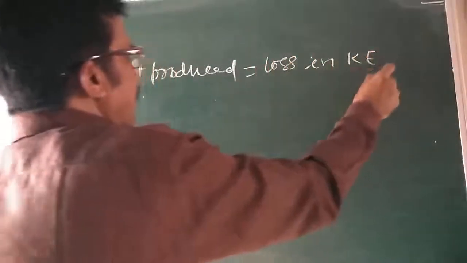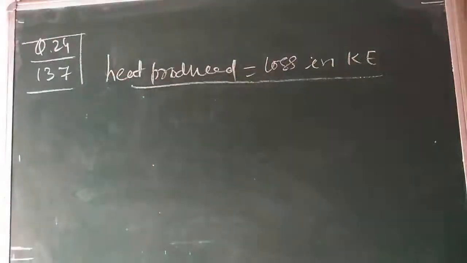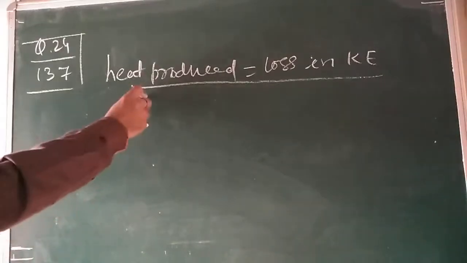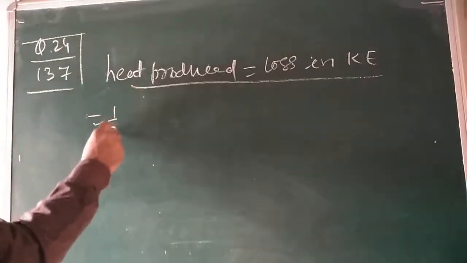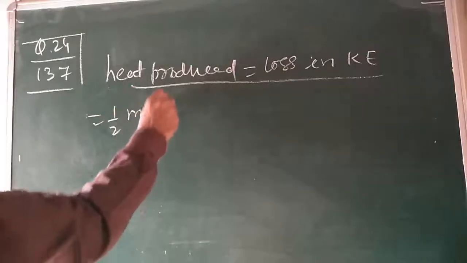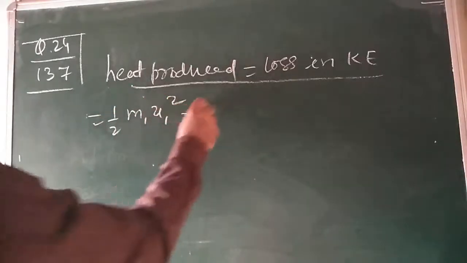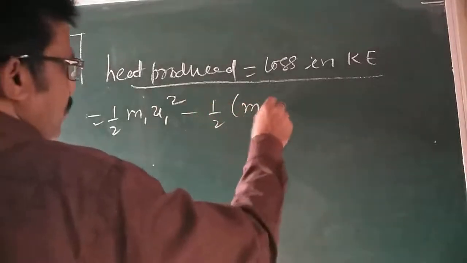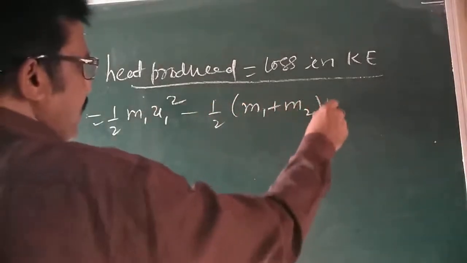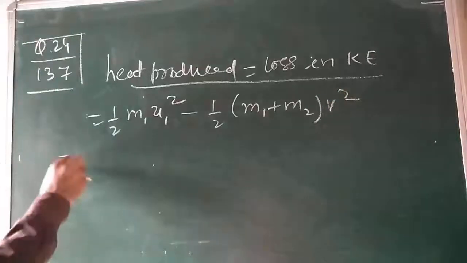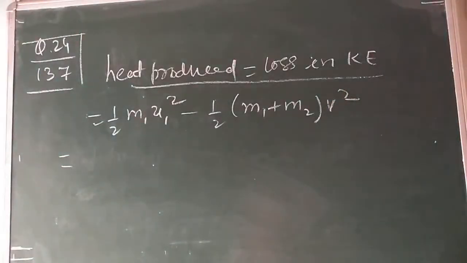Where will we find this formula? Here. Heat produced is loss in kinetic energy: before collision it is 1 by 2 m1 u1 square, after collision 1 by 2 m1 plus m2 into v square. This formula I have to use.